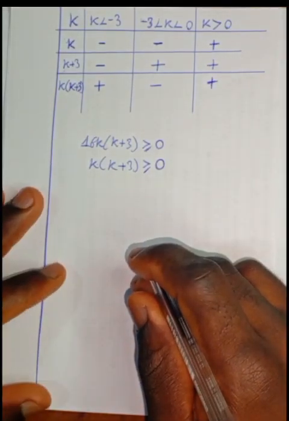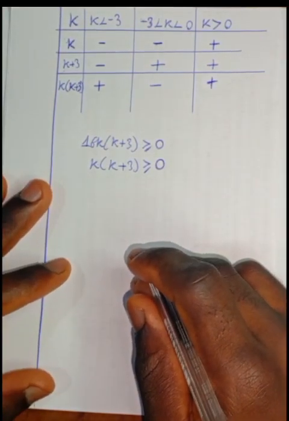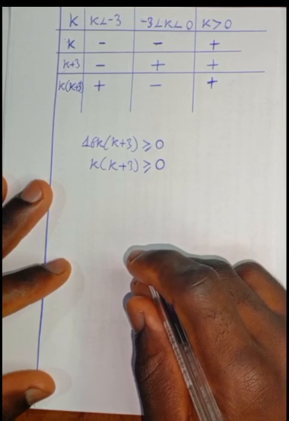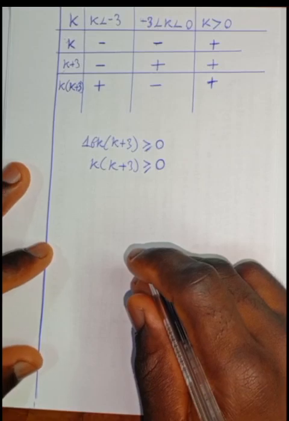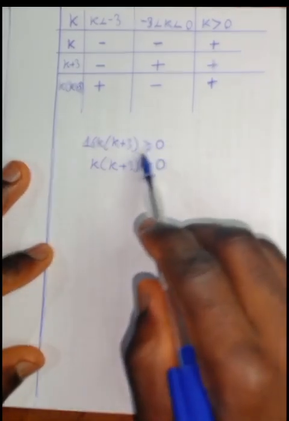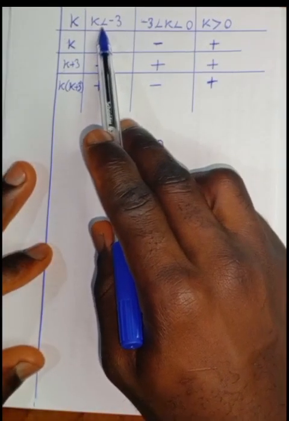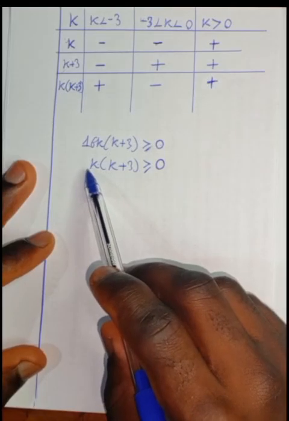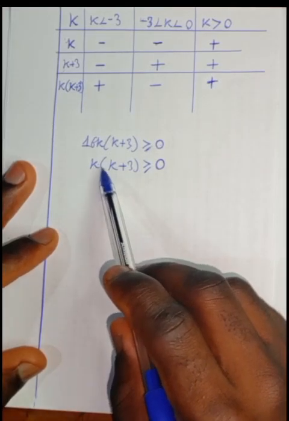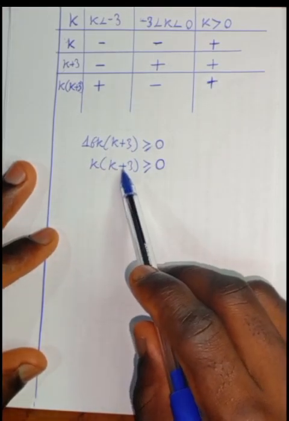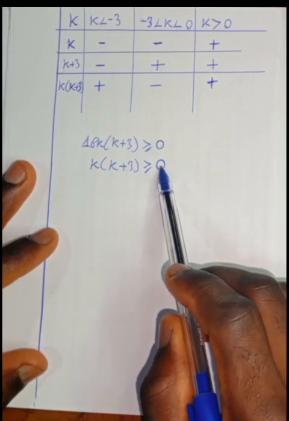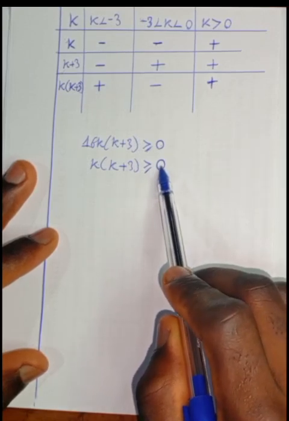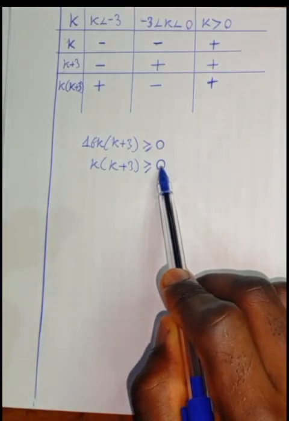At this stage, we can state the required range of values of k. For us to state the required range of values, we are going to make use of less than or equal to now. Since the inequality we have is k times k plus 3 greater than or equal to 0, that means it is positive or it is equal to 0.